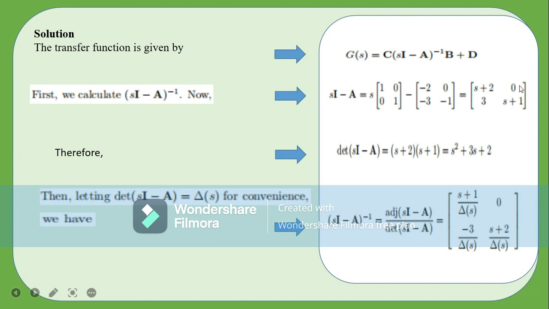Then you negate by adding a negative here and a negative here, multiplying this side by negative and this side by negative.